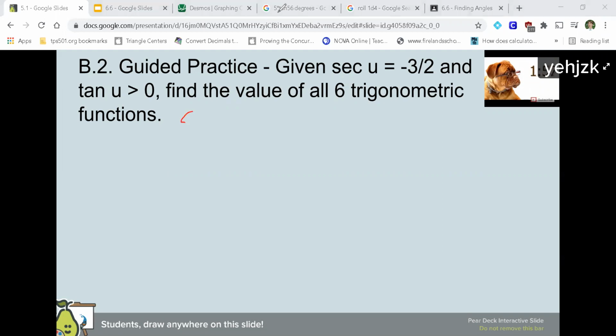Okay, first hint, remember secant of an angle is r over x. So according to this problem, r is 3 and x is negative 2. So you need to find what is y.